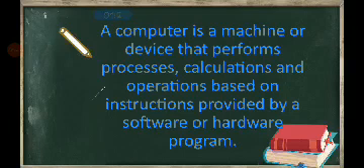That means it is a device that processes the given data and performs the calculations and given operations, based on the provided hardware or software. So this is the computer.